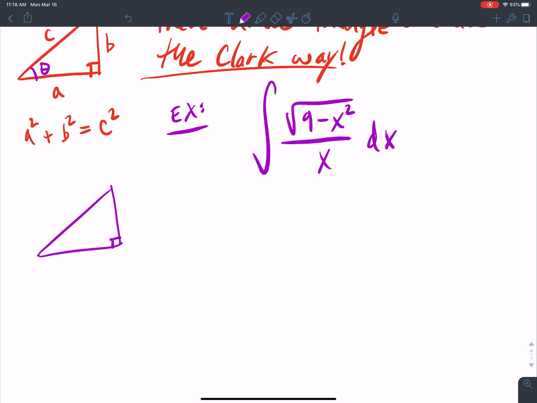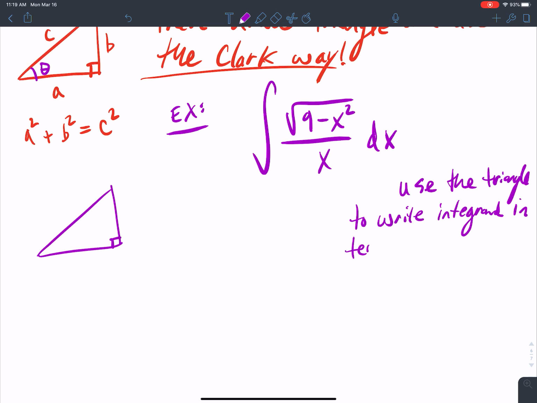I've got to think to myself: I want to use the triangle to write the integrand in terms of theta.